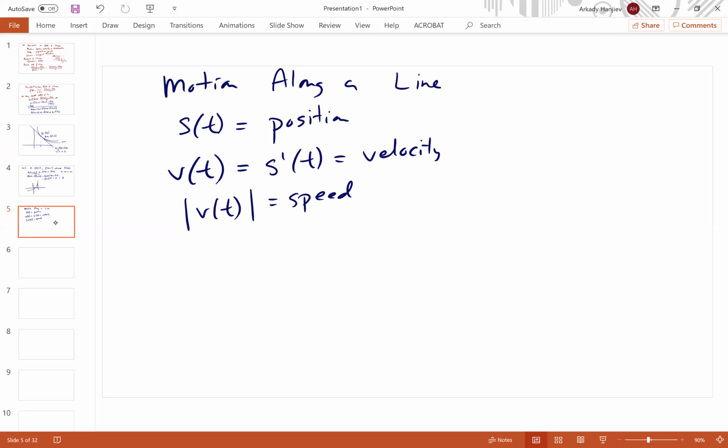And the last one here, acceleration A of t, is the derivative of velocity, or actually the second derivative of position. Notice I put 2 little notches there. And we call that acceleration.